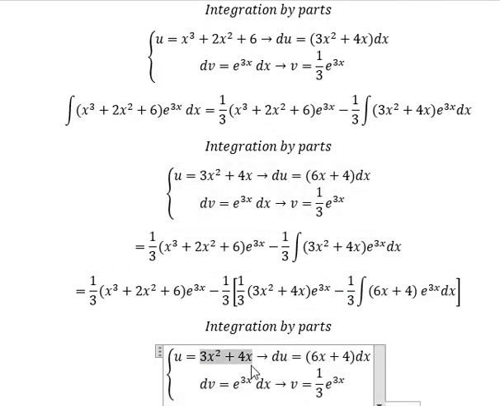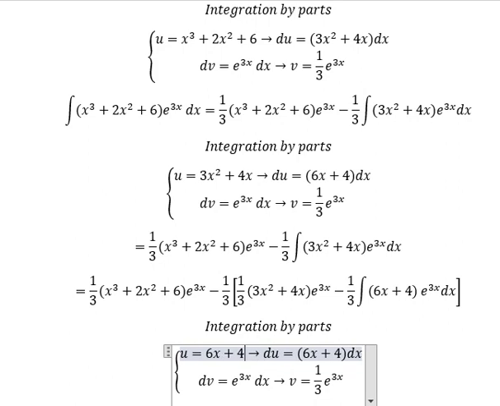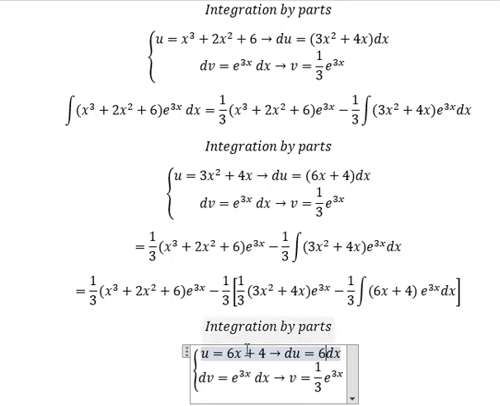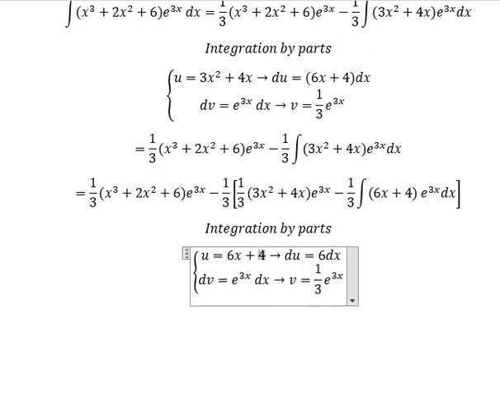So this one should be 6s plus 4. The first derivative of s, you get 1. So we have number 6 in here. The first derivative of number 4, that's a constant, so you get 0.